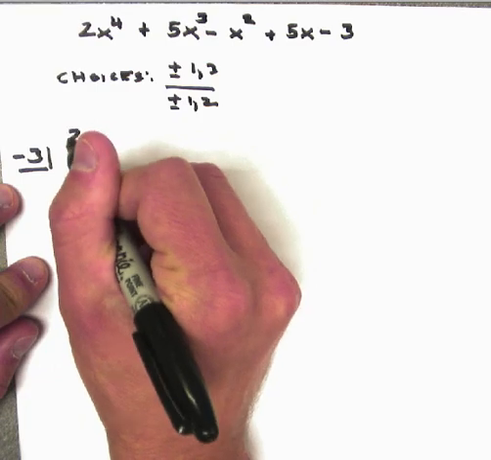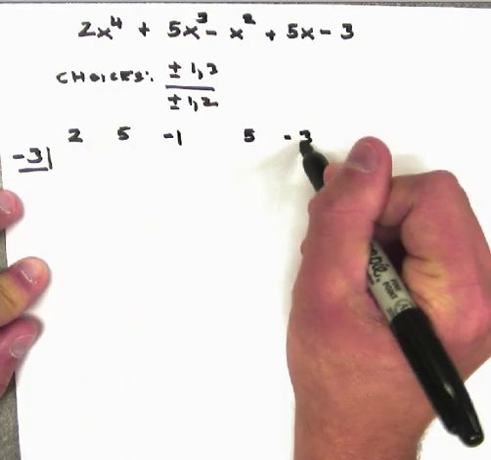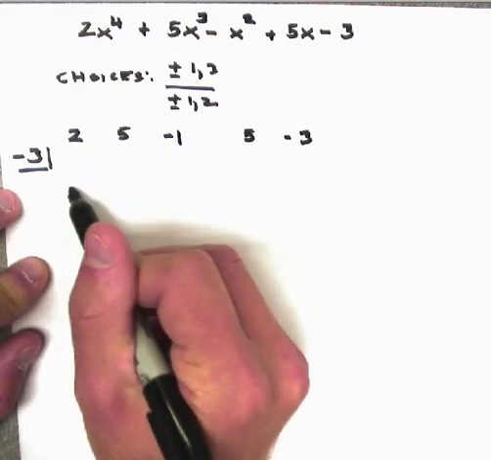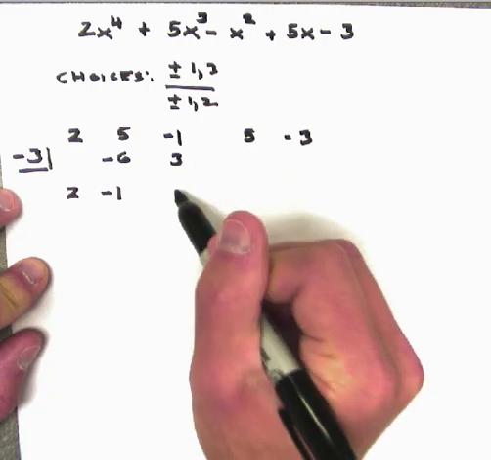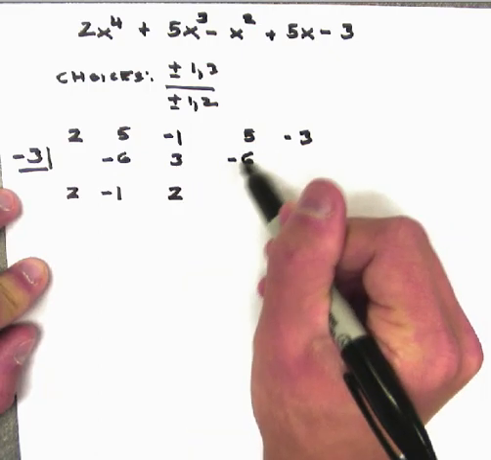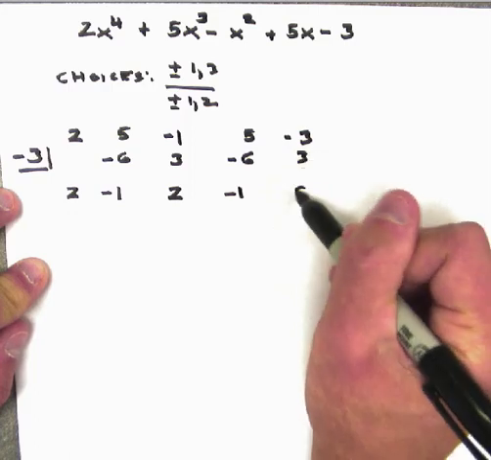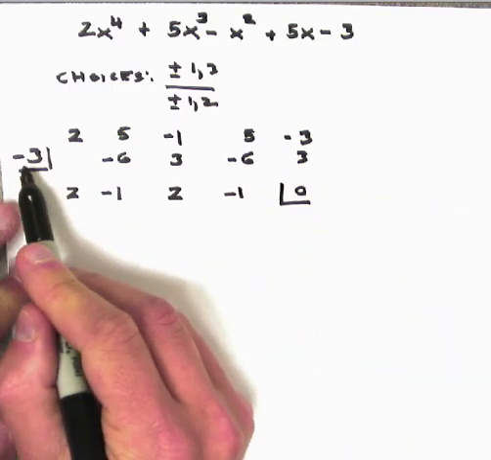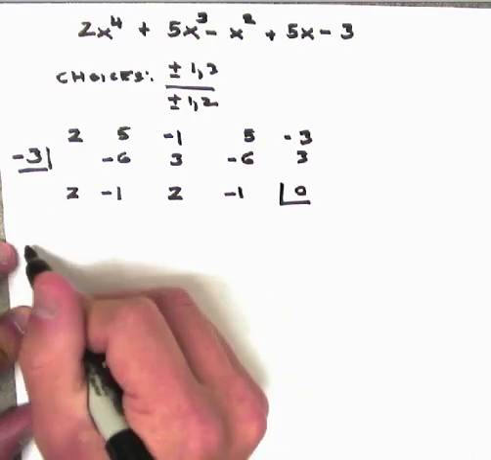Put that on the shelf. 2, 5, minus 1, 5, and minus 3 are the coefficients. Bring down the first, multiply, add, multiply, add, multiply, add, multiply, and I got a remainder of 0. So negative 3 is a 0, which means x plus 3 is a root.